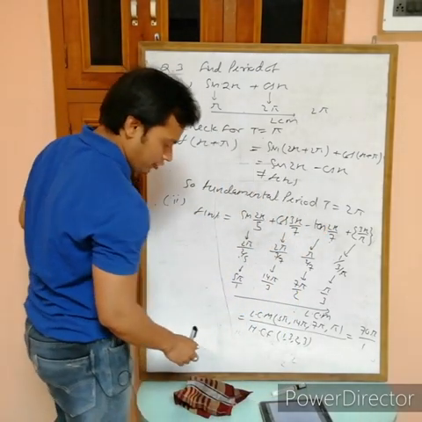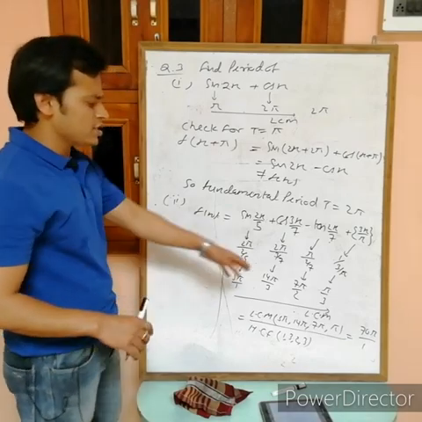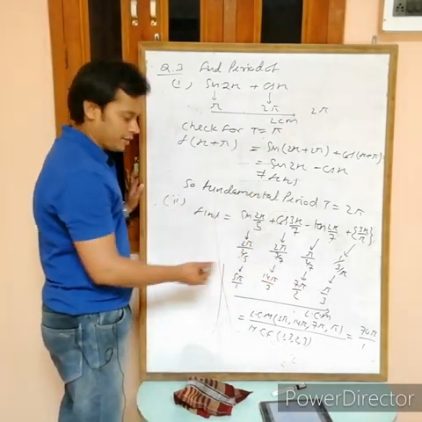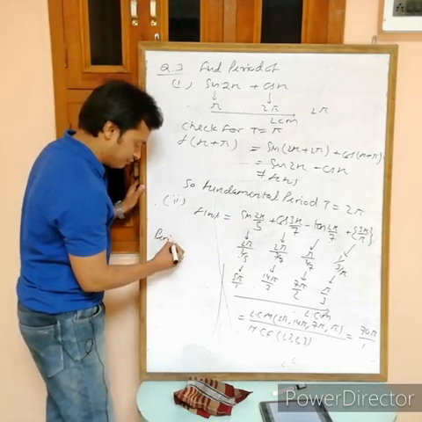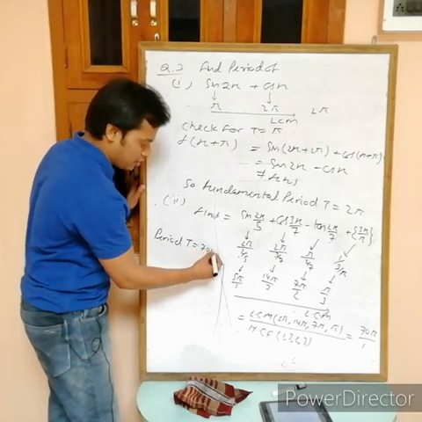So the period of this function is 70 pi. There is no need to check for 35 pi, this will be the period. So the fundamental period T is equal to 70 pi.